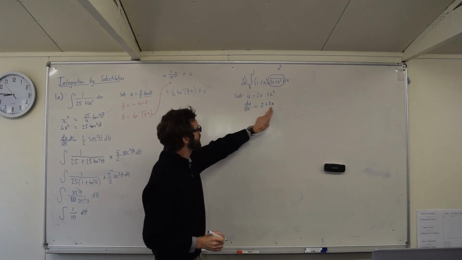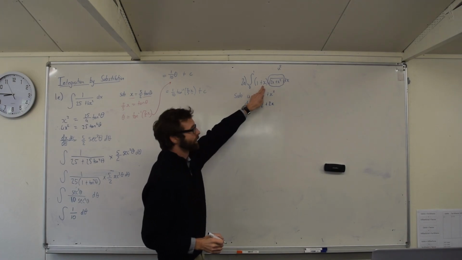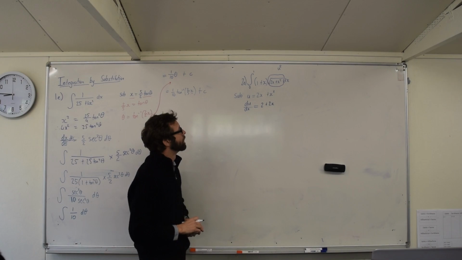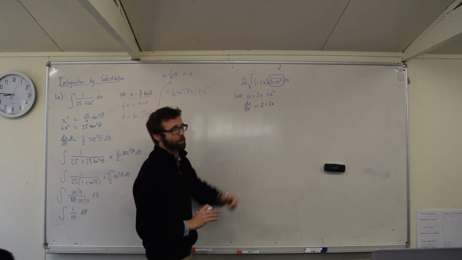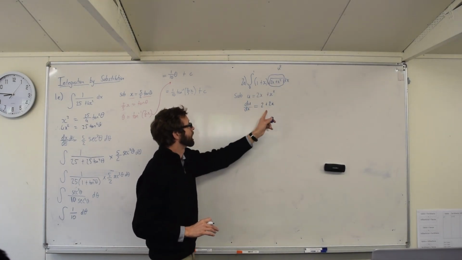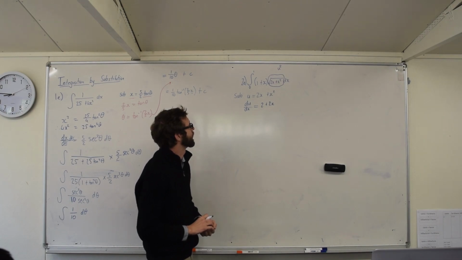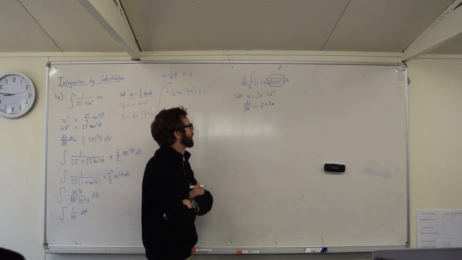Does that look in any way similar to this? Yeah, this is multiplied by 2 to get this, or 1/2 times this to get that. Okay.